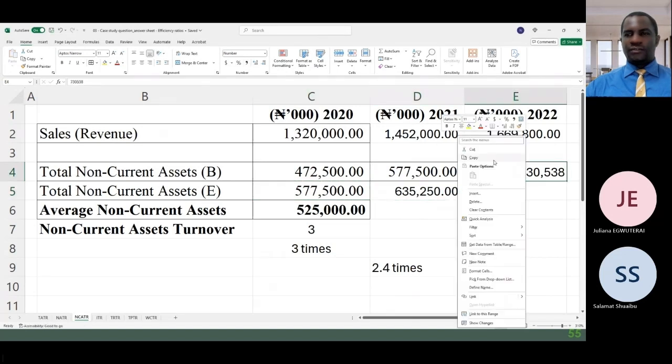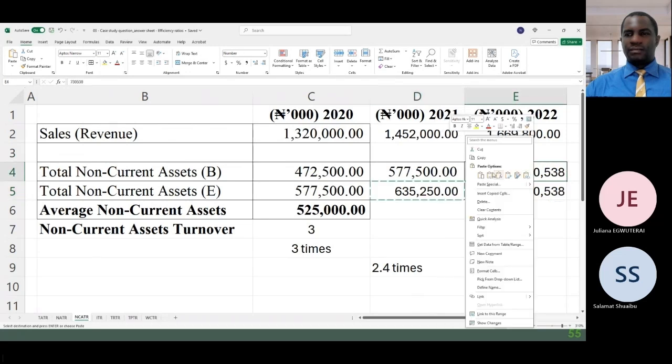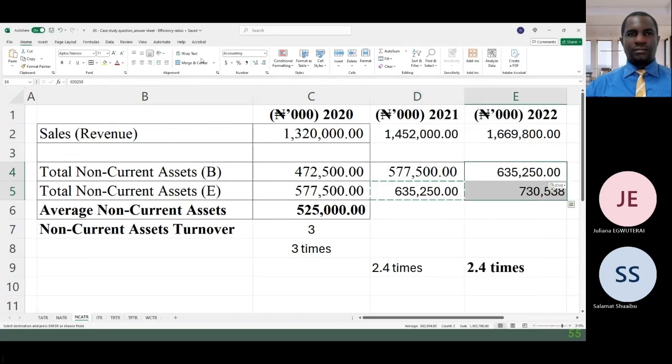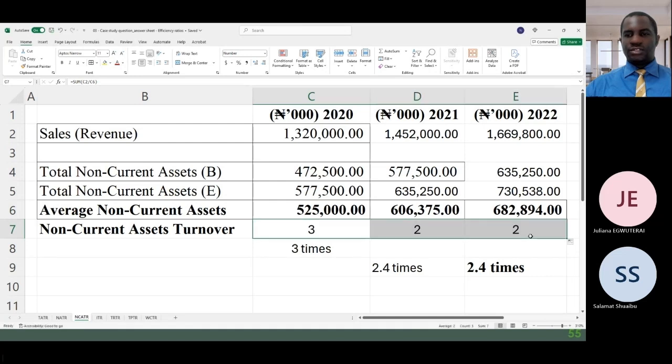And this would be for ending, and this would be for beginning. Okay, so let me just drag this, and these three times, let me just drag it. Let me see if it is correct.